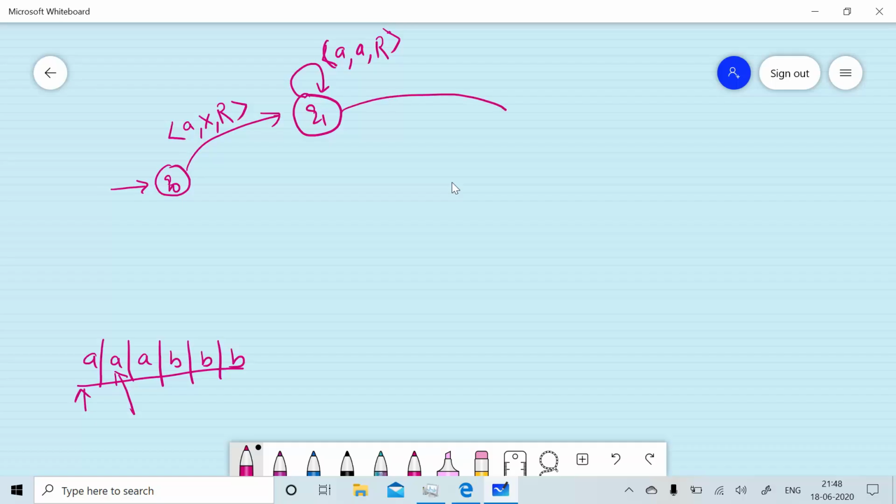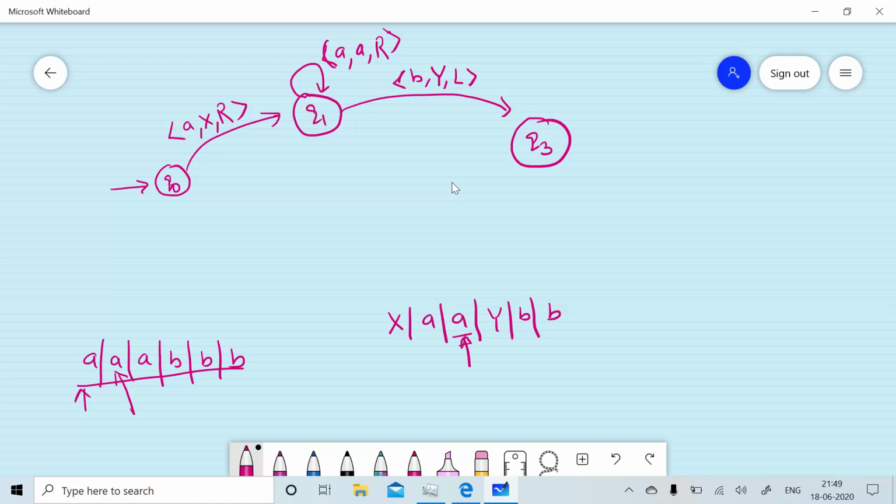After some iterations, we will read B, replace it by Y and move toward the left, and we will start searching for the next A. So our tape will appear like X, A, Y, B, B. Our read write head is pointing to the last A.